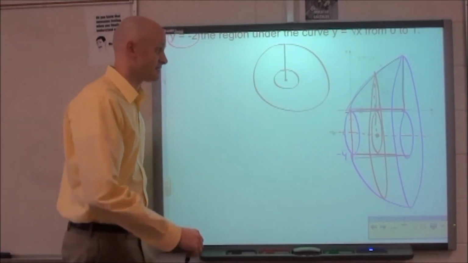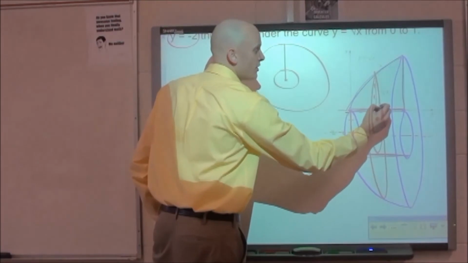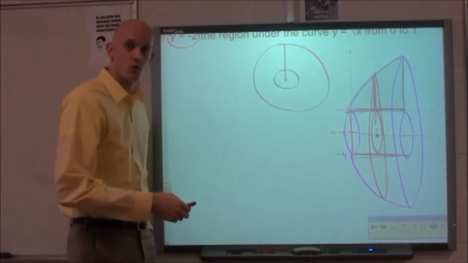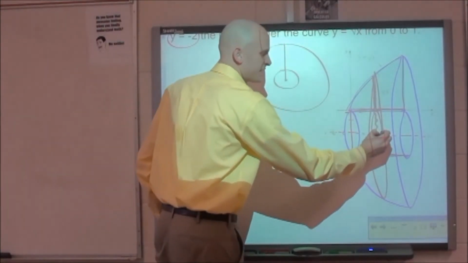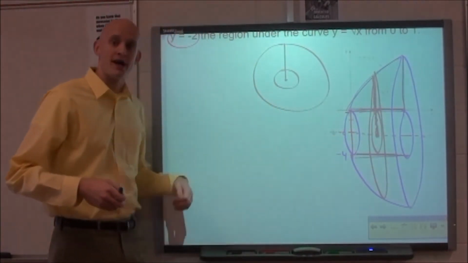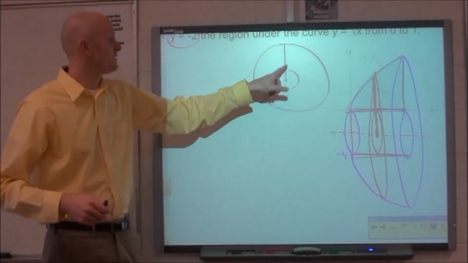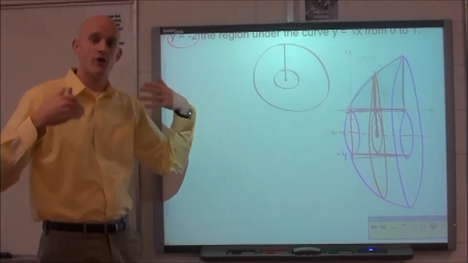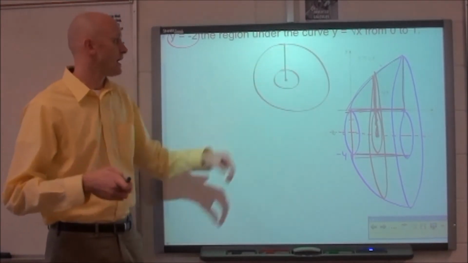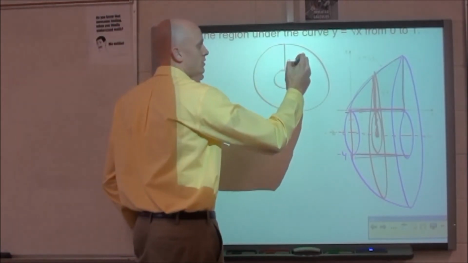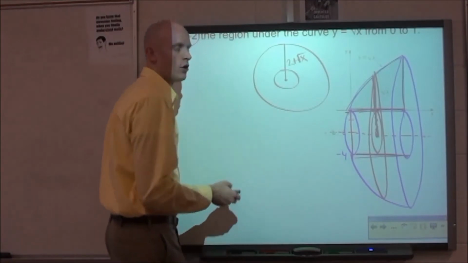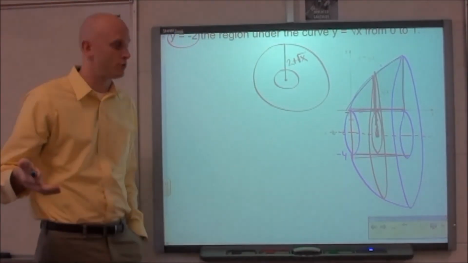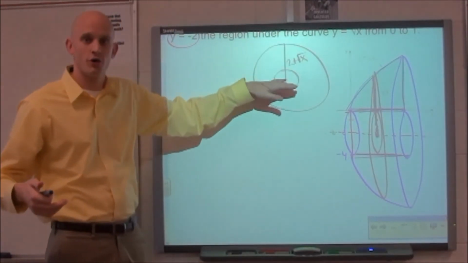Now that distance is the value on the curve, which is the square root of x, plus this distance here, which we know is 2. So this total radius for the total disc is 2 plus the square root of x, or the square root of x plus 2. That gives us the total distance.